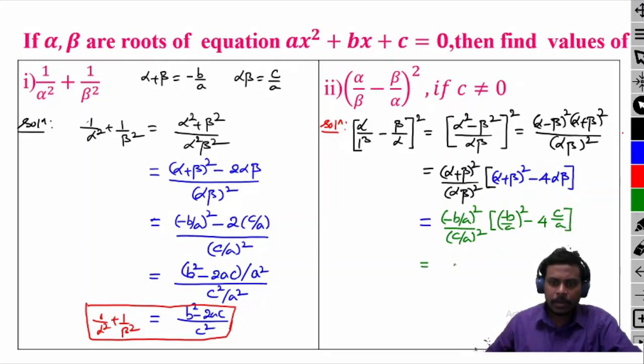So that is equal to b square by c square into (b square minus 4ac) divided by a square. Okay, so the final answer is going to be b square into (b square minus 4ac) divided by c square into a square.